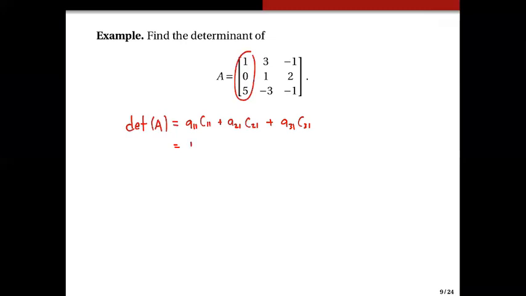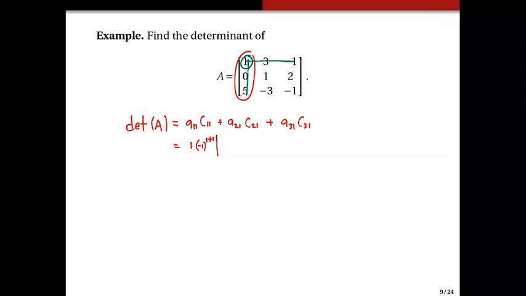So now let us calculate this number here. A11, we have 1 times C11. So if we look at C11, this will be negative 1 raised to 1 plus 1 times the determinant. So this is your A11 entry. We remove this row here. We remove this column here.